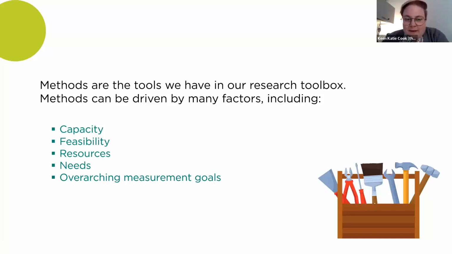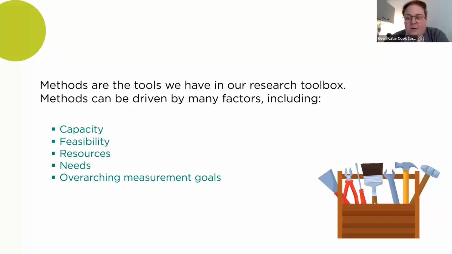Some of the things that drive our methodological decisions, the decisions about what tools we use, are capacity, feasibility, our access to resources, the needs of both the project and the evaluation, and the audience, as well as our overarching measurement goals.